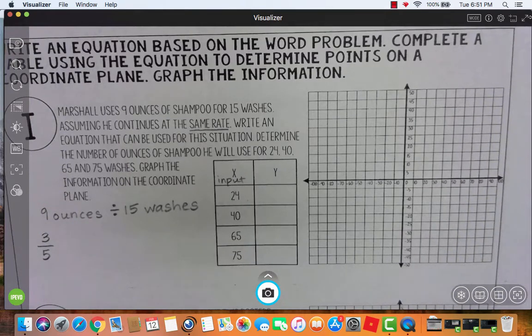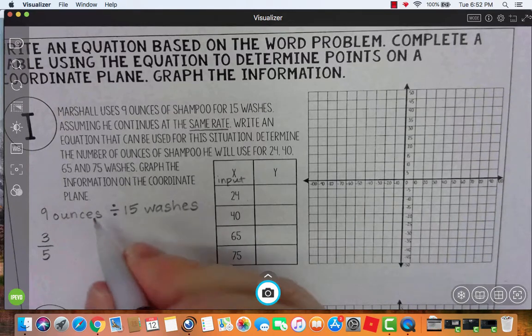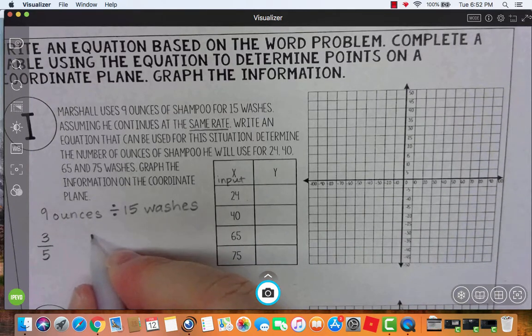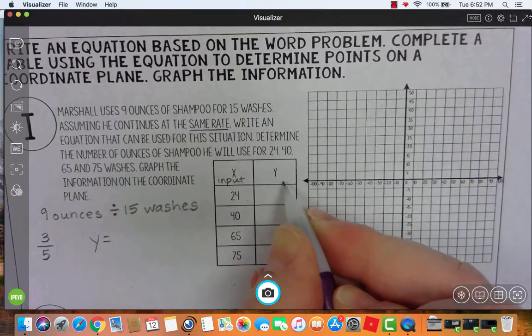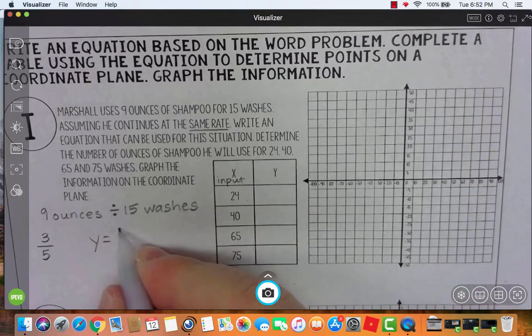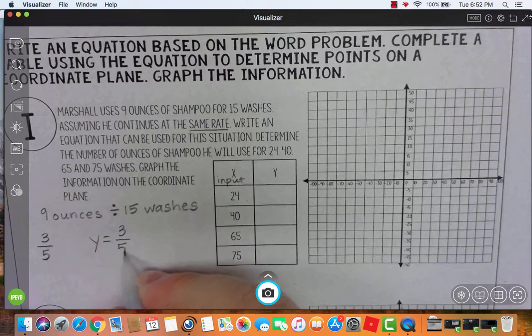So now I have 3/5, but I have to figure out how much in 24 washes. So basically, you're going to say y equals, because we don't know what our output is, 3/5 x.